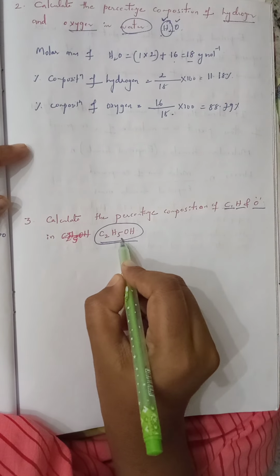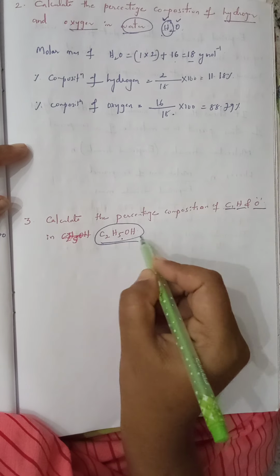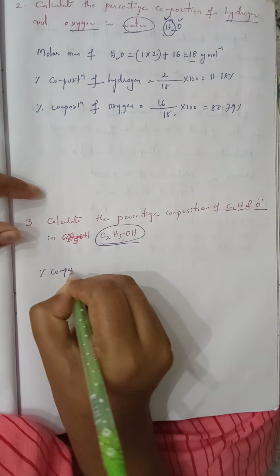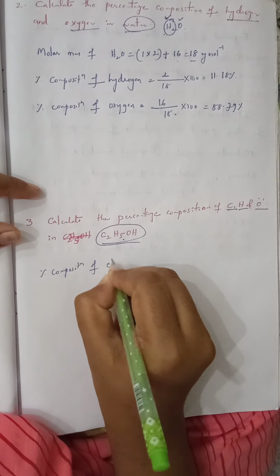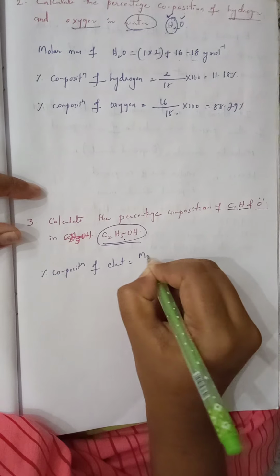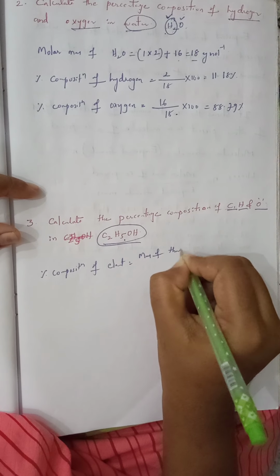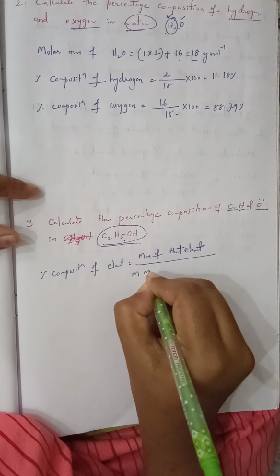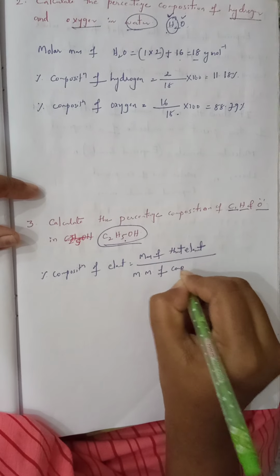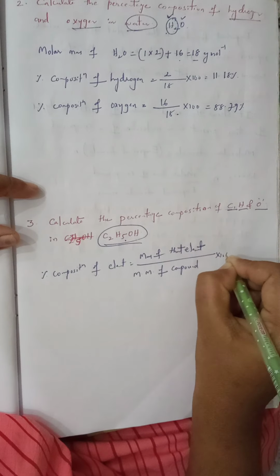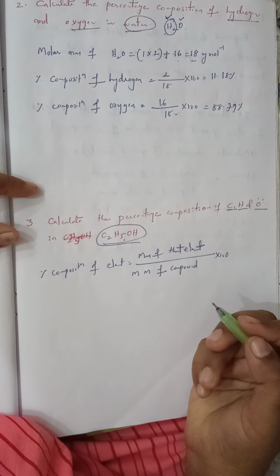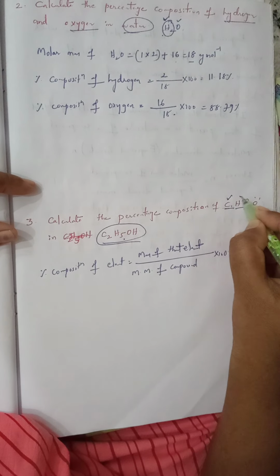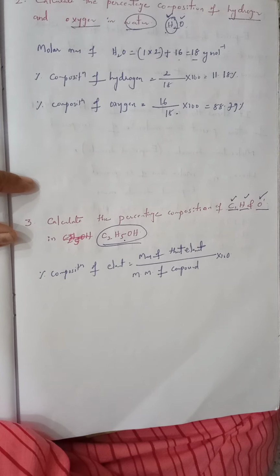First find the molar mass of this one and then substitute in the formula: percentage composition of an element is equal to the mass of that element in the compound divided by the molar mass of the compound, into 100. So first find the molar mass, then you can easily find the percentage composition of carbon, hydrogen and oxygen present in this compound.